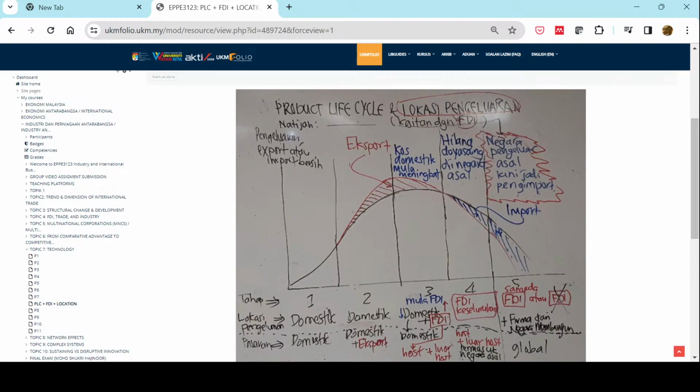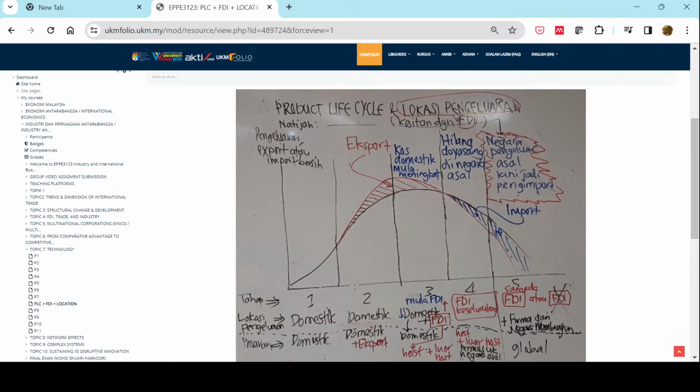So basic is 3, but here I make it 5. So this is product life cycle and location of output related to FDI.